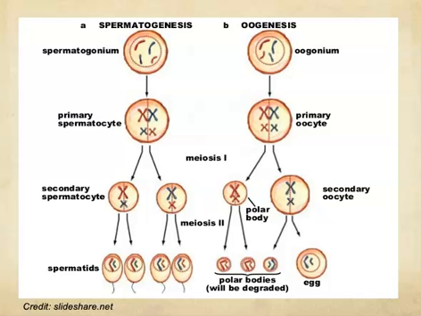This all takes place during fetal development in the female. The male is very different. The male will begin producing sperm when he hits puberty, and he will continue manufacturing new sperm throughout the rest of his life.